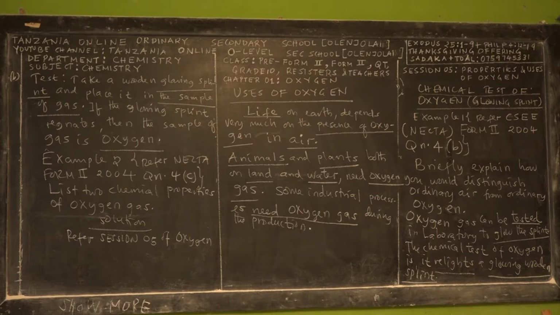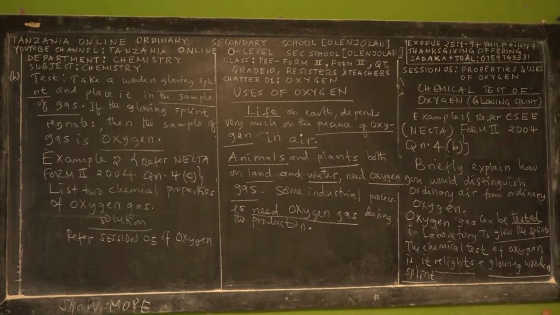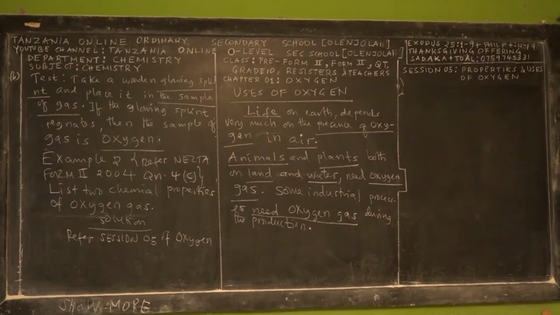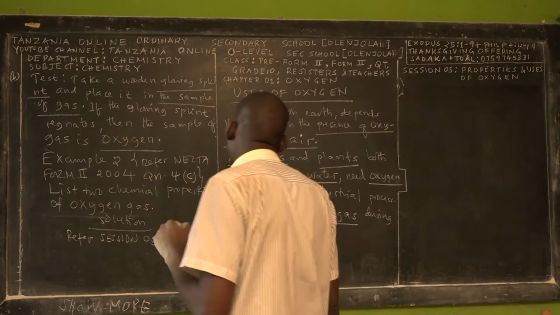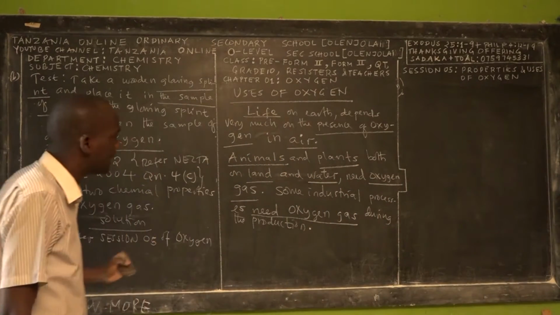Keep thinking about how you can meet such demand and how you can answer questions about what I taught you. You have to answer wisely. So my dear students, let us continue to see uses of oxygen, focusing on how we use oxygen in daily human life.